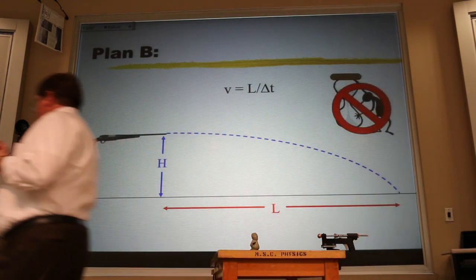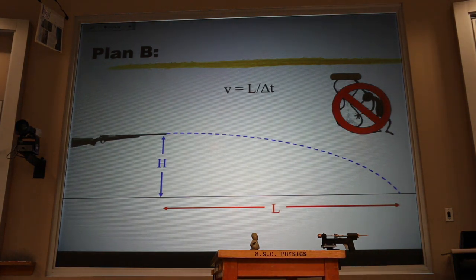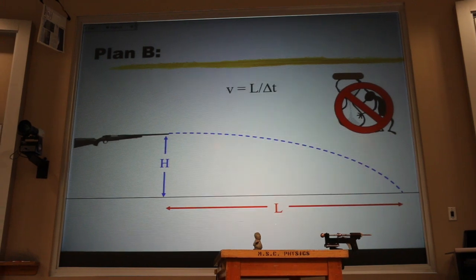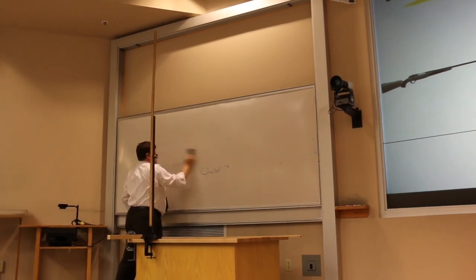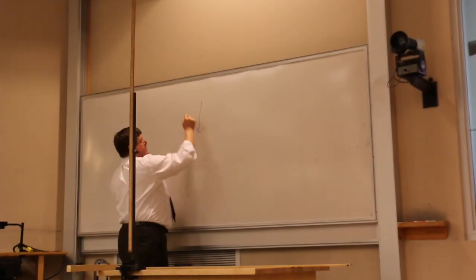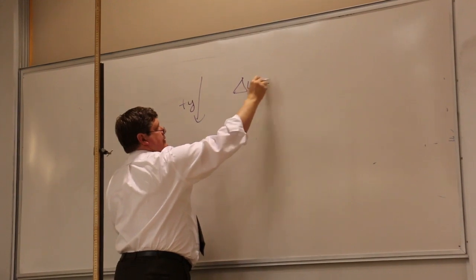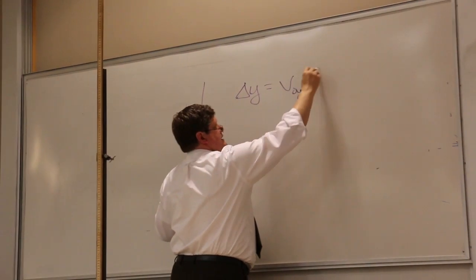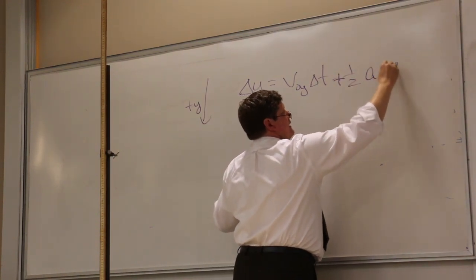Now, if I measure just the height of the bullet when I fire it, and I use my kinematic equations in the y direction, so if I call down the positive y direction, then delta y is equal to v naught y delta t plus 1/2 a_y delta t squared.